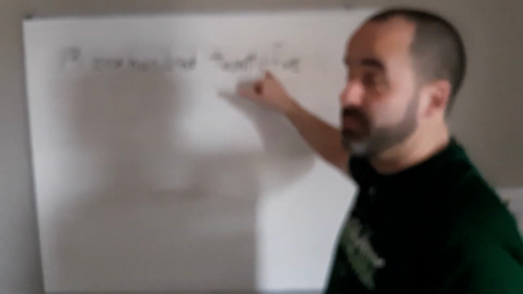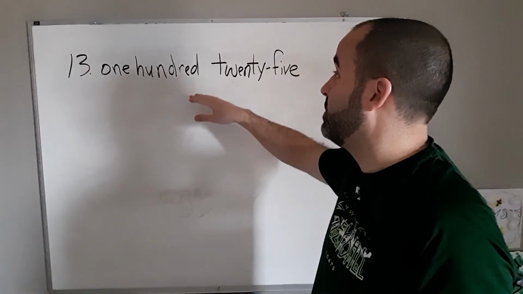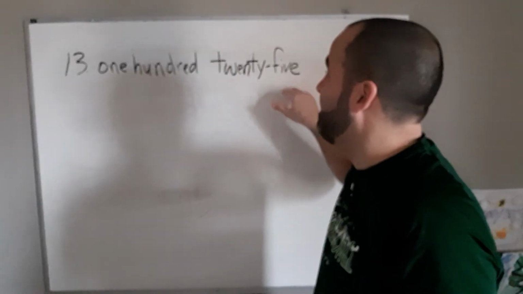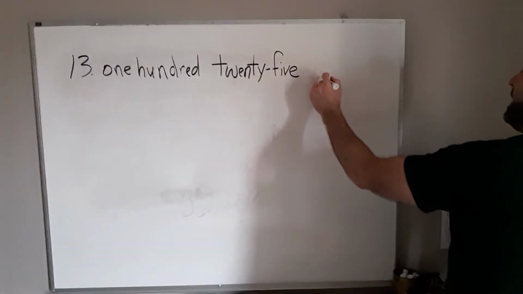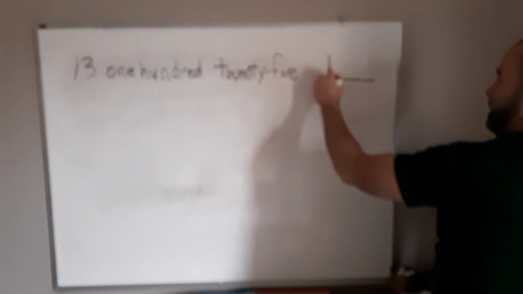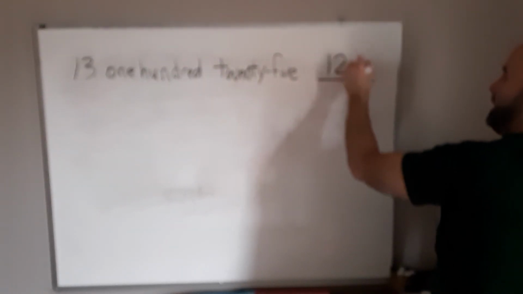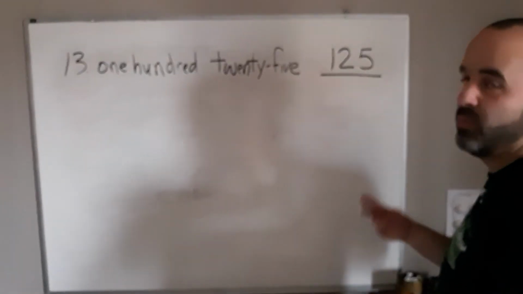And notice the dash that they put in there. So when we write these numbers, that's how we should write it. So when I see 125, then over here in the blank off to the side, 100, 2 10s is 20, and 5 1s is 5, 125.